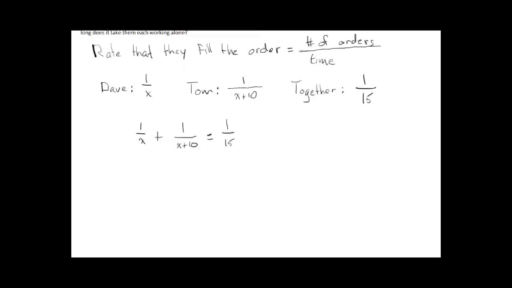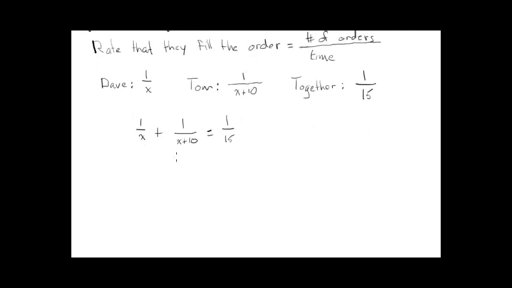So now we have a rational equation, and we just have to solve it. The way you would solve that, you'd have to get a common denominator on the left side. So x times x plus 10 would be the common denominator. You'd multiply this 1 by x plus 10 and multiply the 1 here by x, and that's equal to 1 over 15.